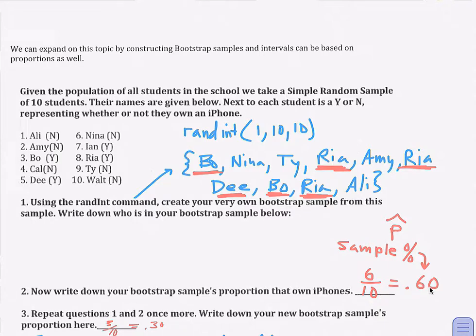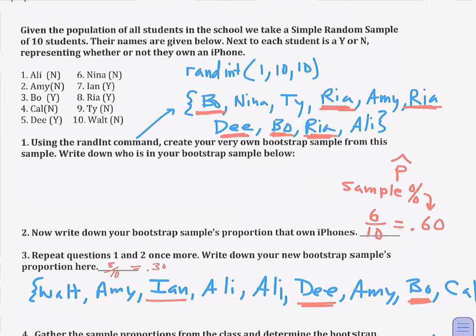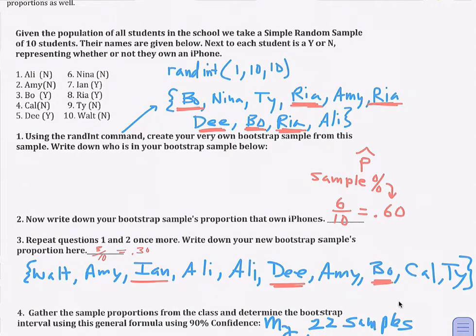So my sample percentage from my Bootstrap sample was 60%. Now you could do that yourself, repeat questions 1 and 2 on your own. I did, and I got a different group of students. This time I got 30% of my sample having an iPhone. And we could keep on doing this over and over again.